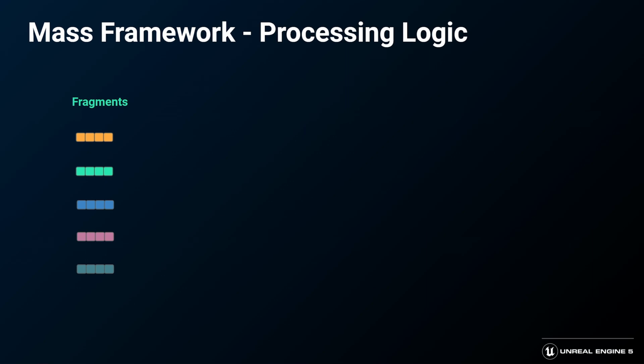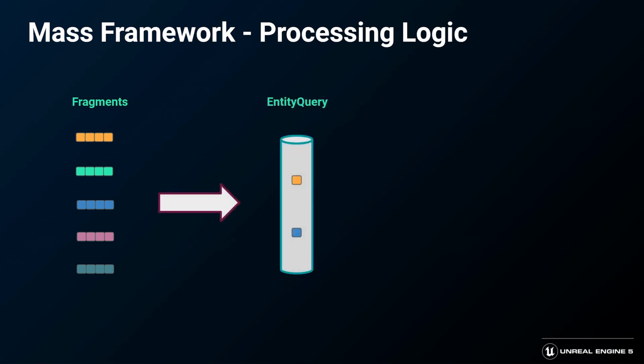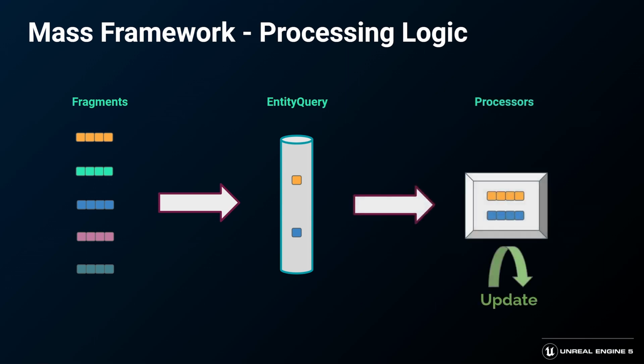To understand on which entities we want to execute some logic, we make use of an entity query. The entity query filters the entities which hold pointers to the fragments required for a particular logic. Processors are where the batch update will occur and where the logic will run.